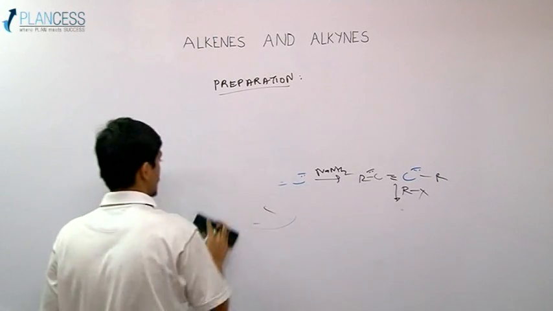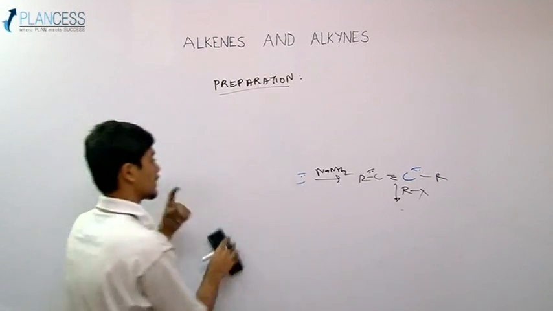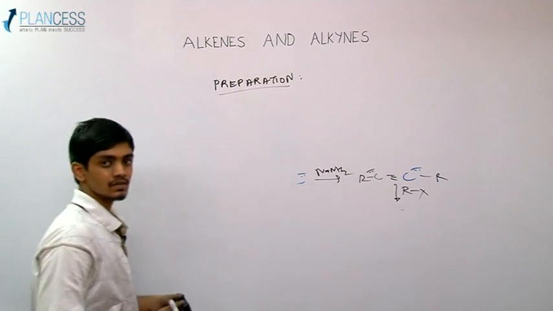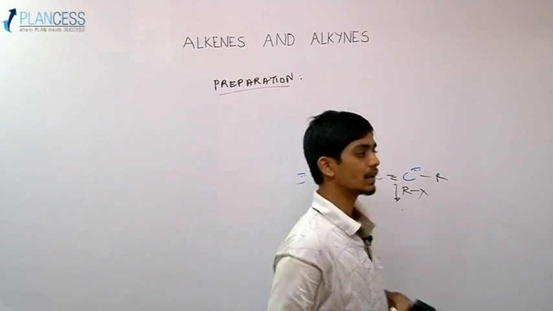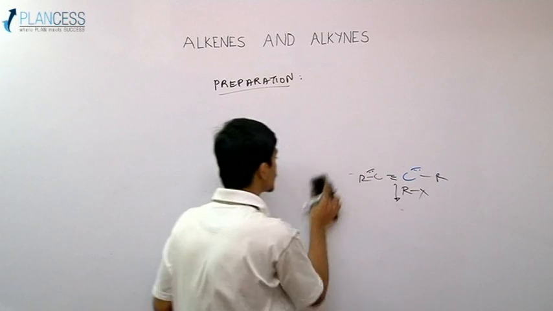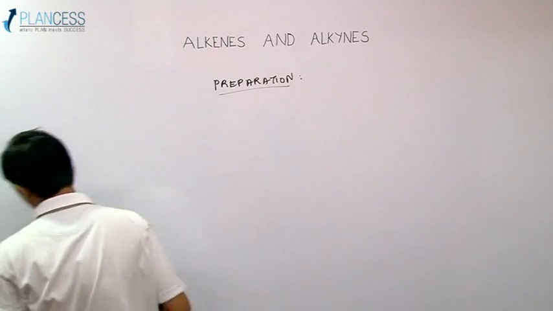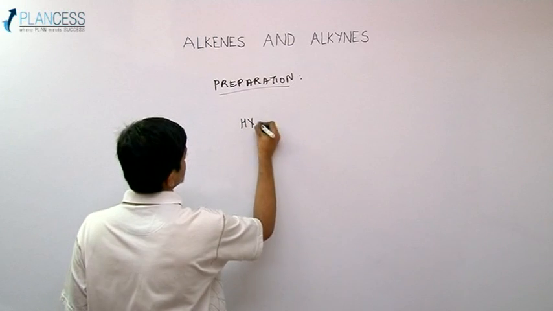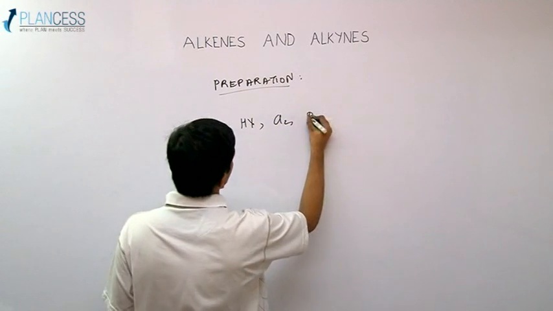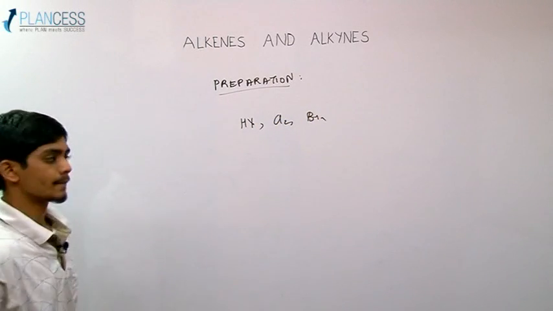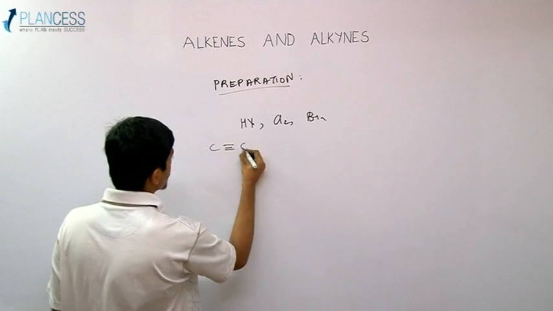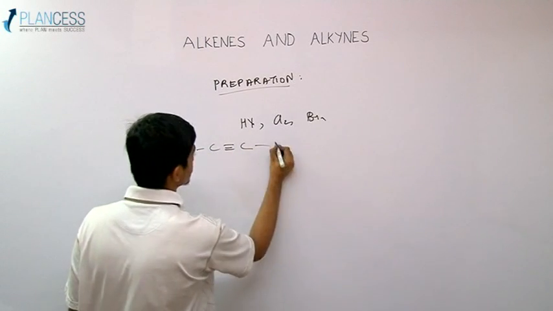Now the chemical properties, again we will have here the addition properties and the oxidation properties. Addition properties very similar to the alkenes. That is, suppose we have HX, Cl2, Br2, all of them. Whatever properties you have for alkenes, same is there for alkynes.